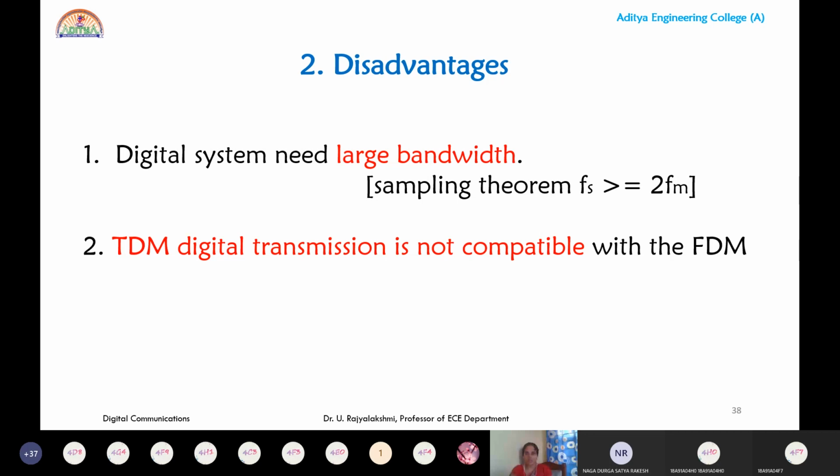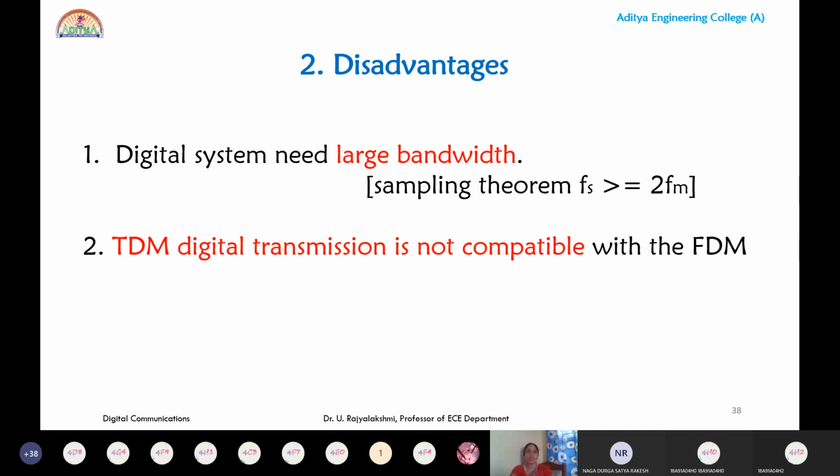Tell me. By 3 steps. Okay, 3 steps. Sampling. Very good. Quantization. And encoding. Okay, very good. By using sampling, quantization, and encoding, you can convert it into digital.